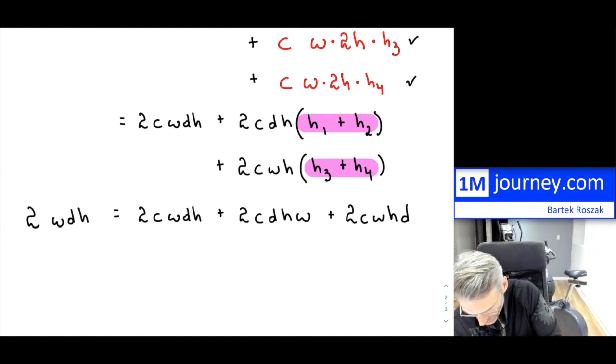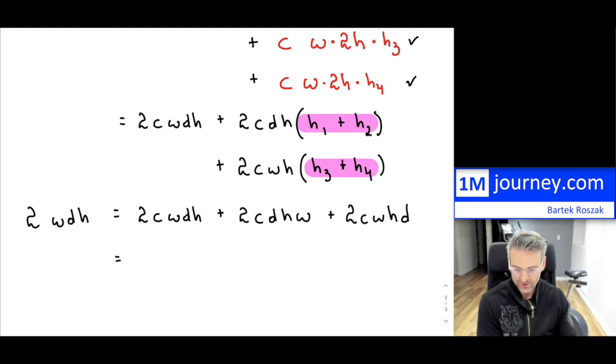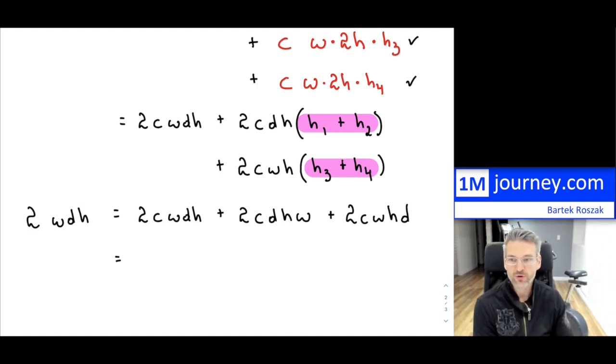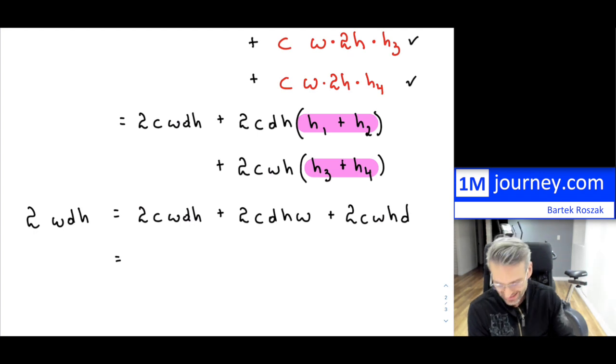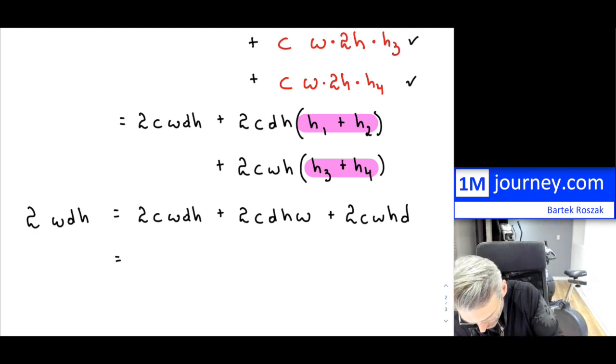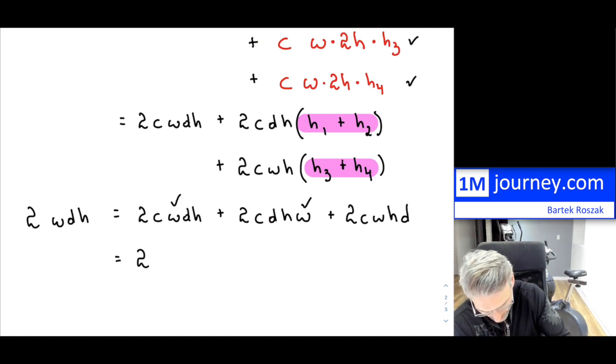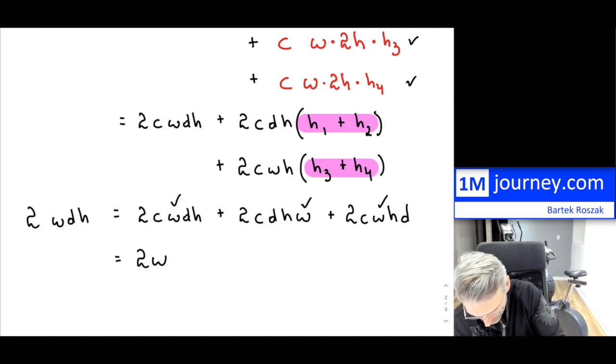So if you do this all together, what do you now notice? I can take out the 2. Notice all of them have W. All of them have a D. All of them have an H. And it's only C that remains, right?